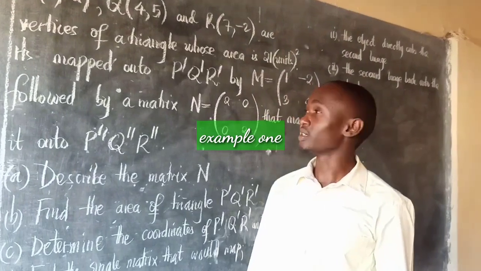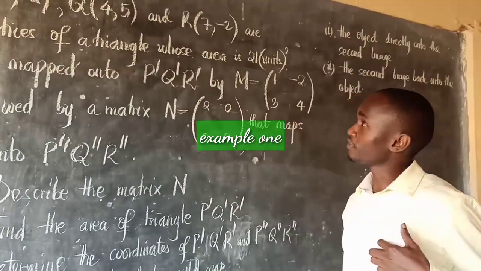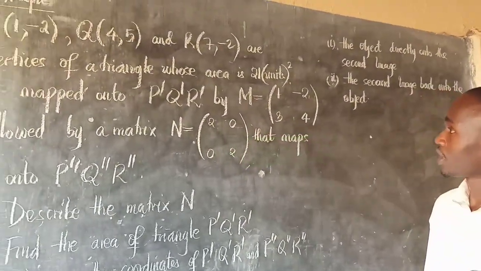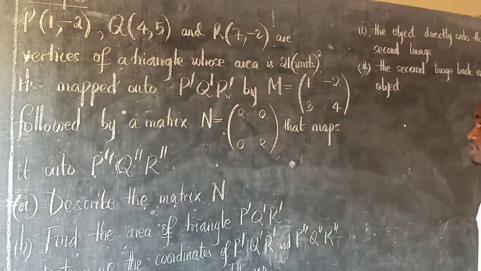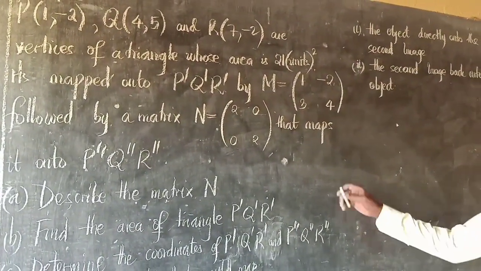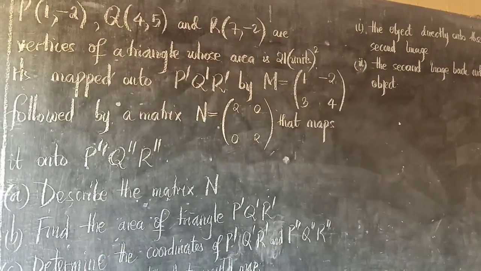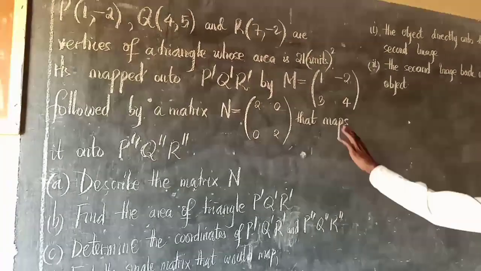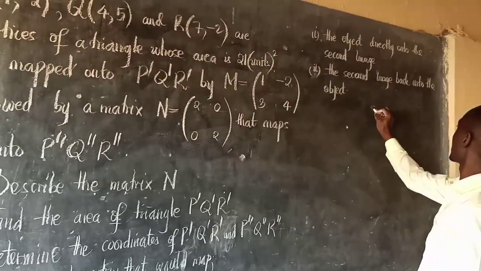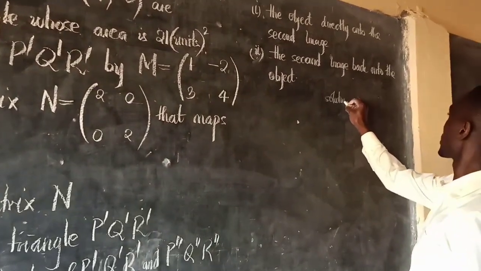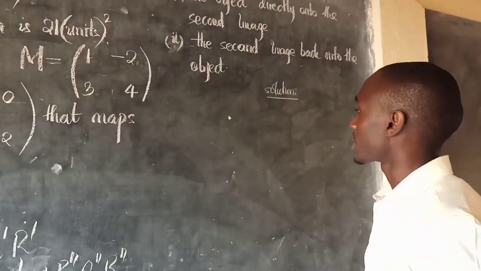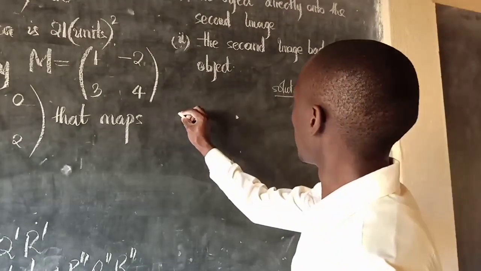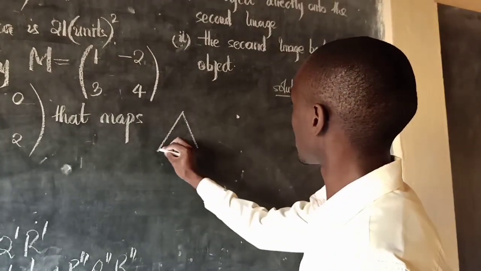In our example, we have the vertices of a triangle, and this triangle has an area. It's mapped onto the first image, followed by a certain matrix onto the second image, as detailed here. In the solution, it's important to begin with a simple sketch.